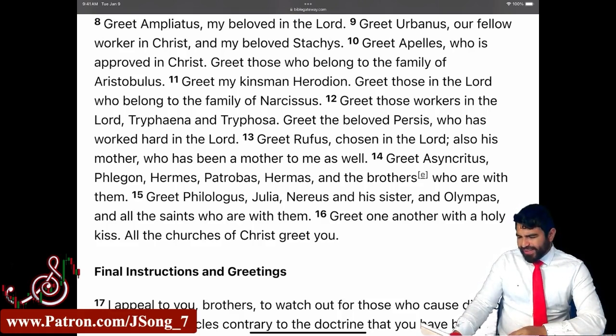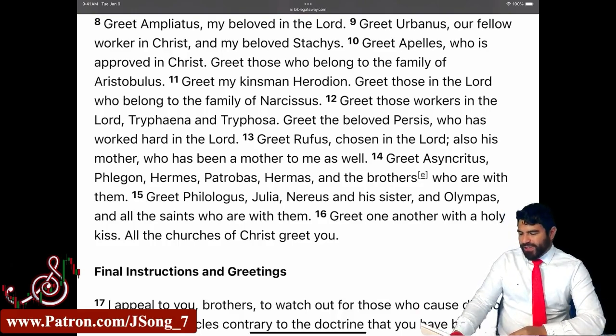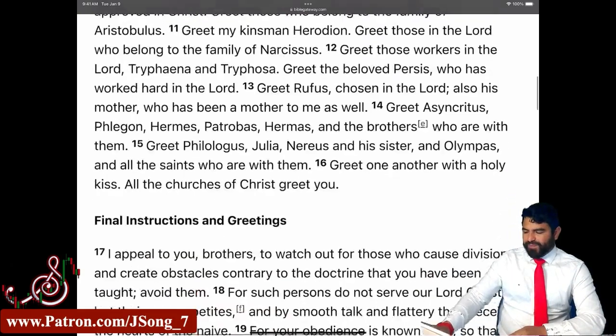Greet Philologus, Julia, Nereus, and the sisters, and Olympas, who he's really good at sports, by the way. And all the saints who are with them greet one another with a holy kiss. All the churches of Christ greet you.